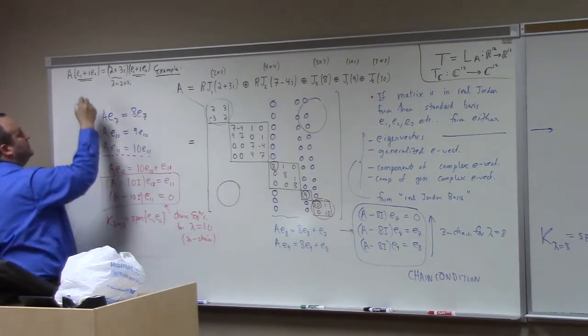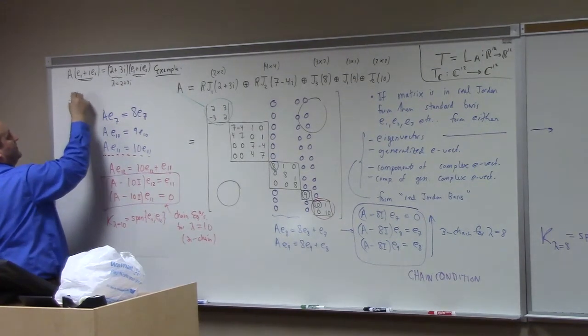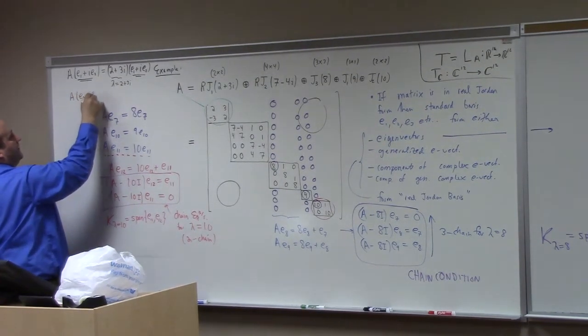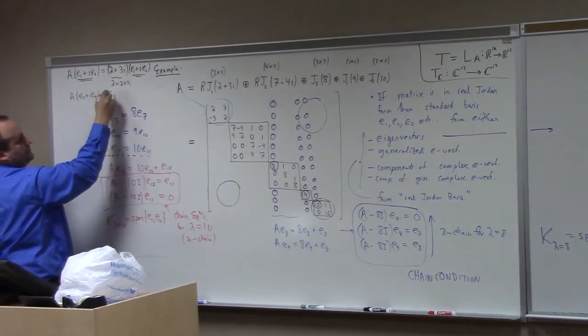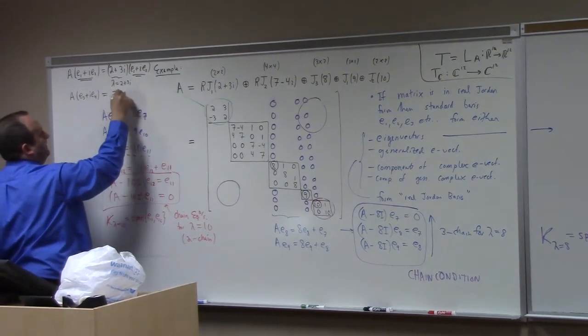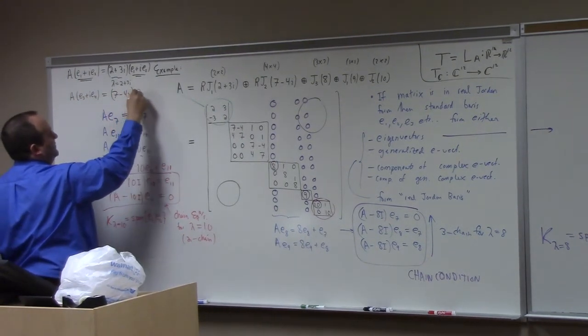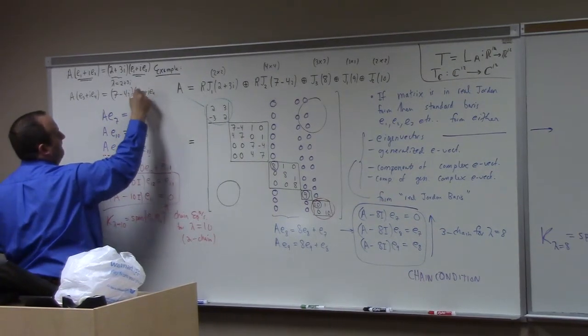And then finally, we also have that A times E3 plus iE4 is equal to 7 minus 4i times E3 plus iE4.